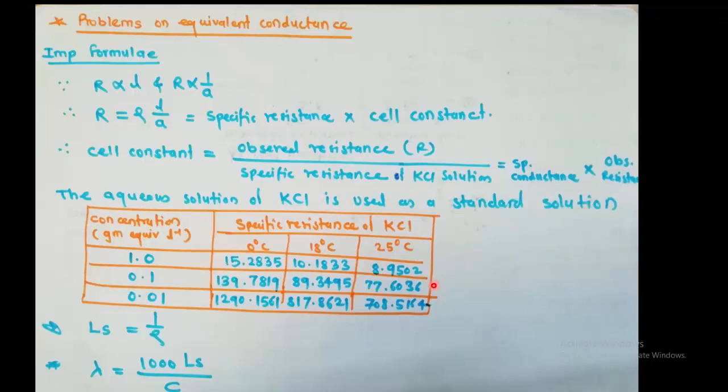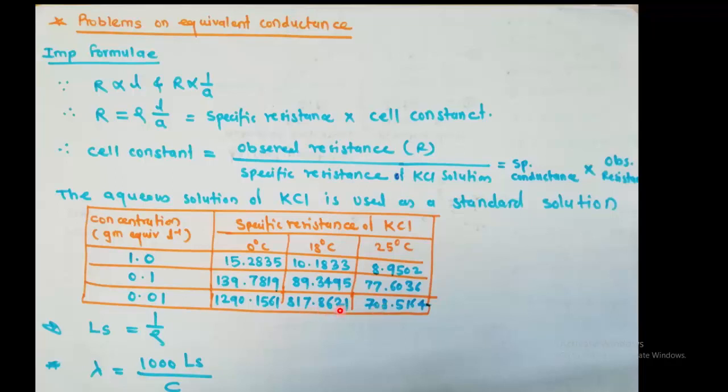Now this table represents the specific conductance for different concentrations of KCl at different temperatures. For 0.01 normal KCl solution, the value at 0 degrees is 1290.1561, then at 18 degrees it is 817.86, and so on.